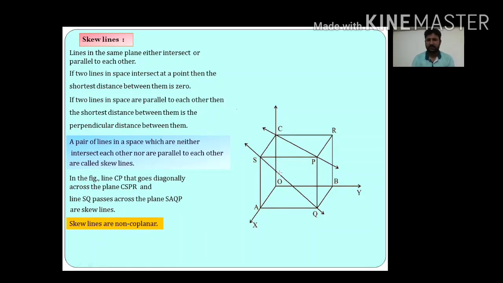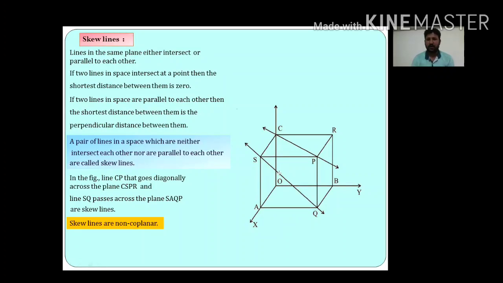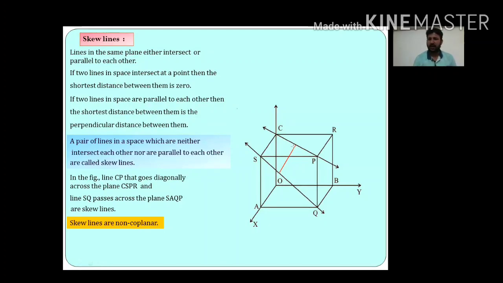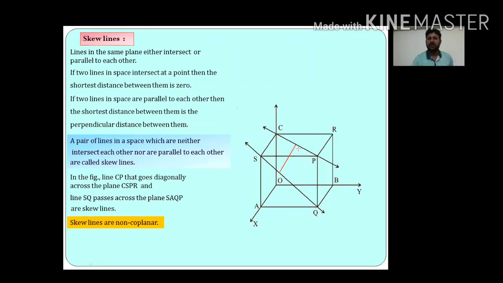I am joining these two lines with the condition that the line is perpendicular to SQ as well as CP. Suppose this is a line perpendicular to SQ and also perpendicular to CP. Then it will be the shortest distance between skew lines.